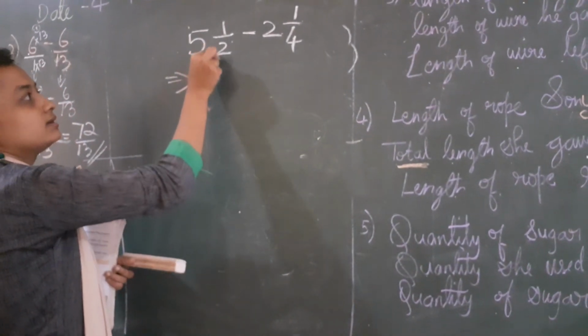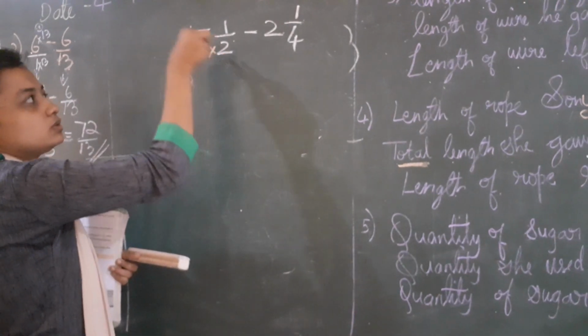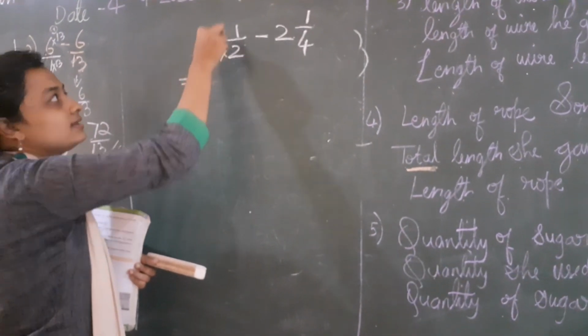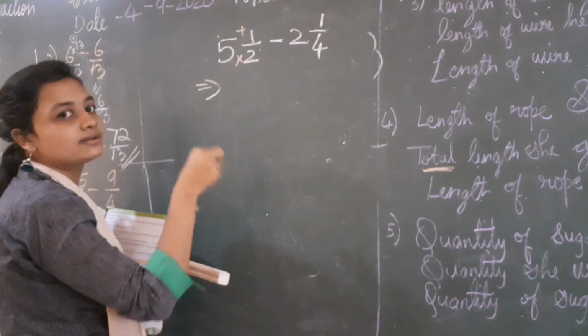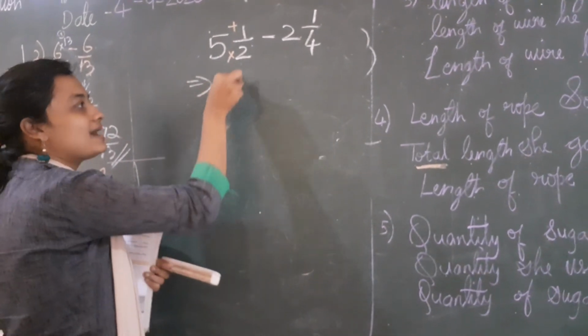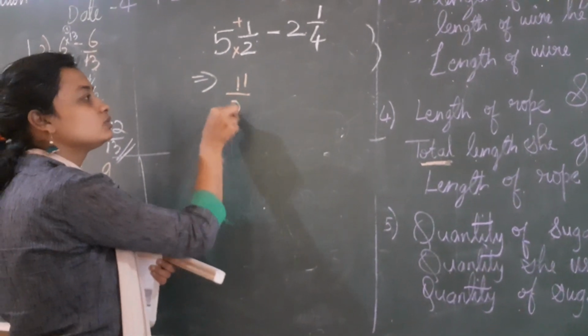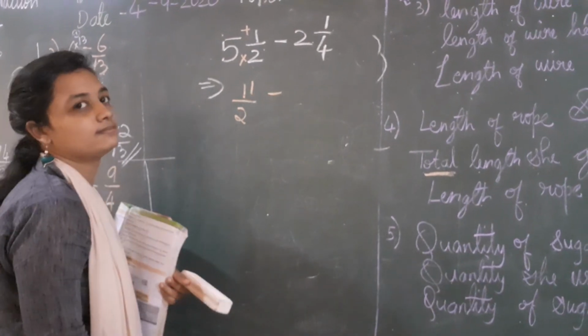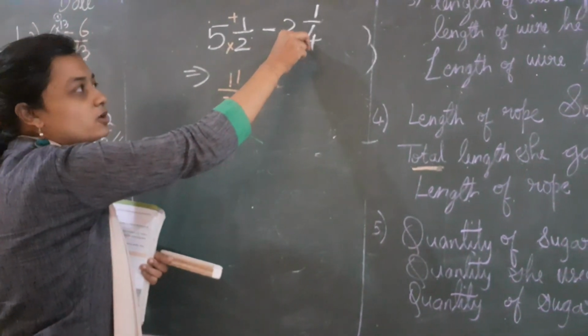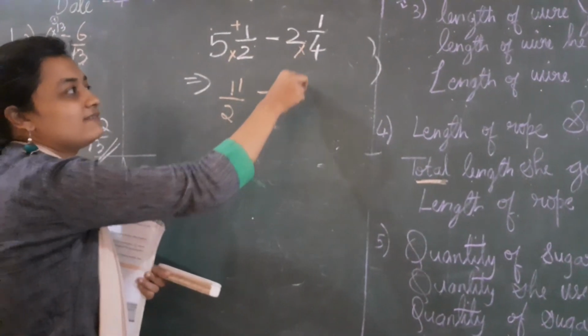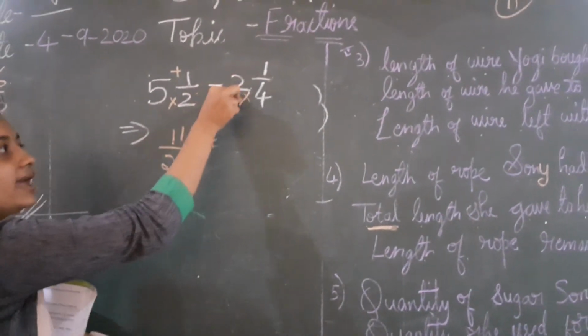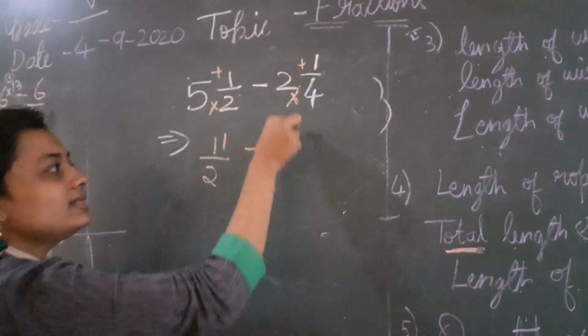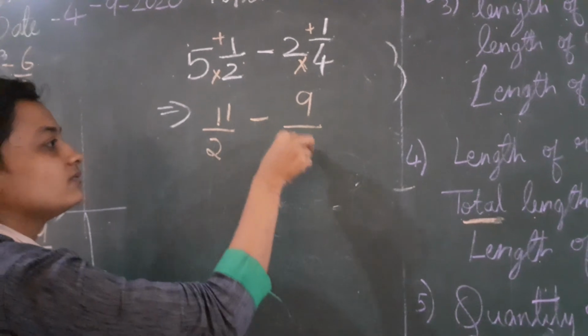How to convert? Multiply, 2 5s are 10. Add the numerator, 10 plus 1, 11. So 11 by 2. Next one. Convert this also into an improper fraction. So multiply first. 4 2s are 8. 8 plus 1, 9. 9 by 4.